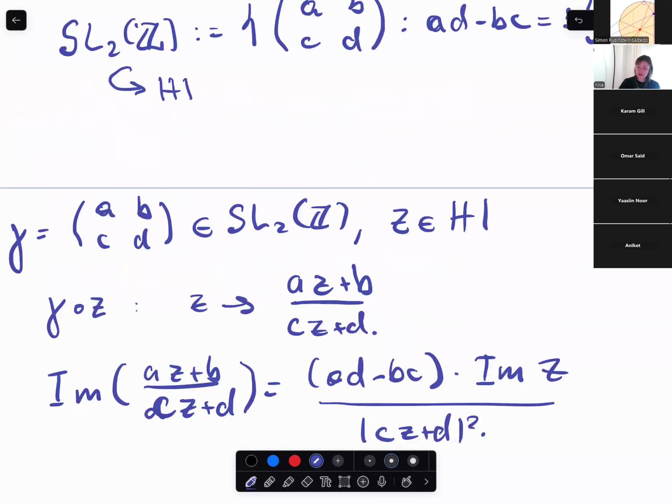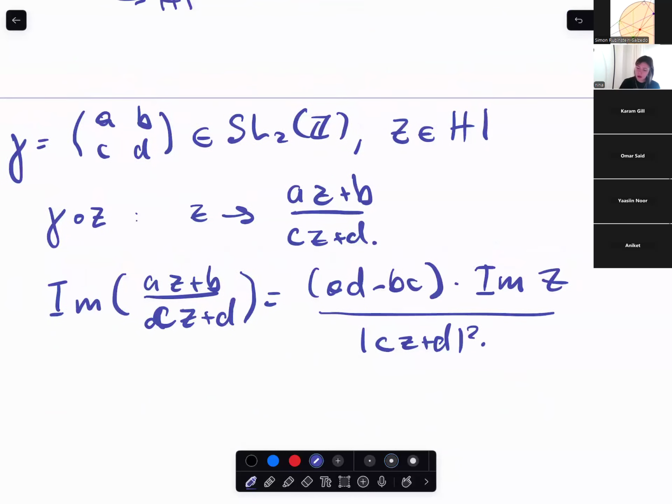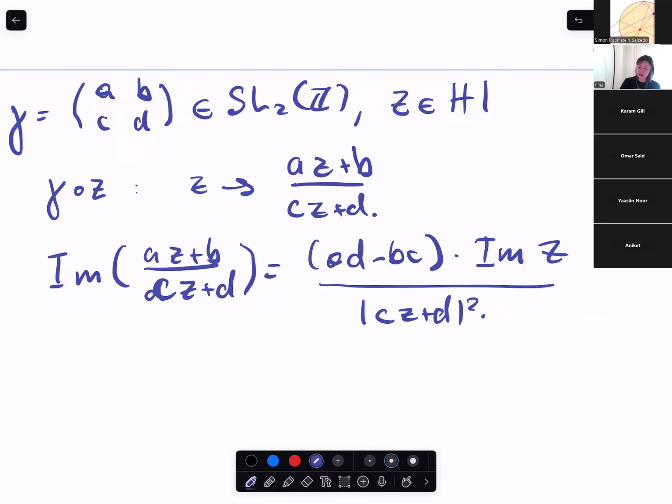And since we limited ourselves to having this determinant be equal to 1, this thing will be 1. This will be the same as the imaginary part of Z, and this is some absolute value squared. So what this means is that the imaginary part of this will also be positive.